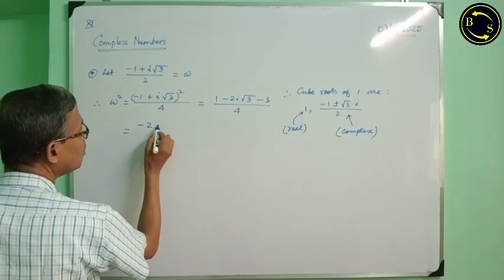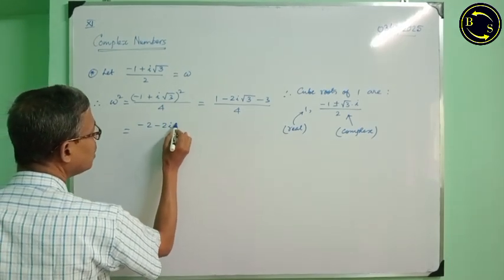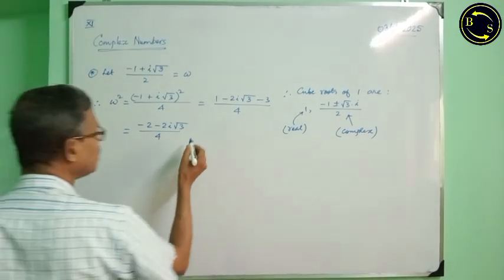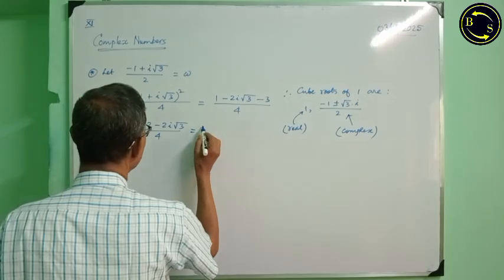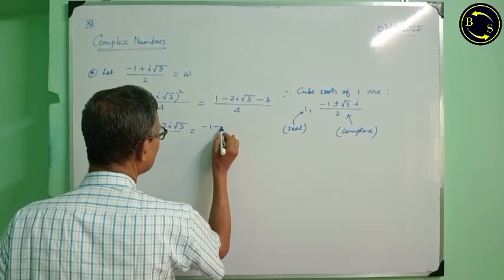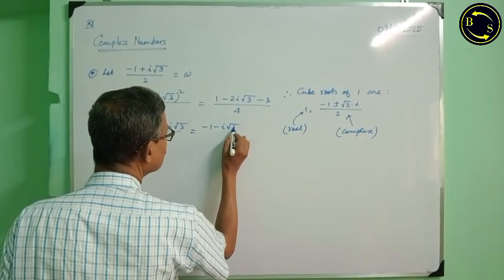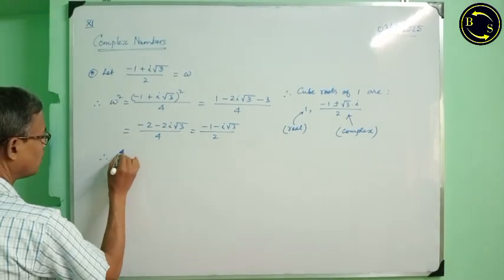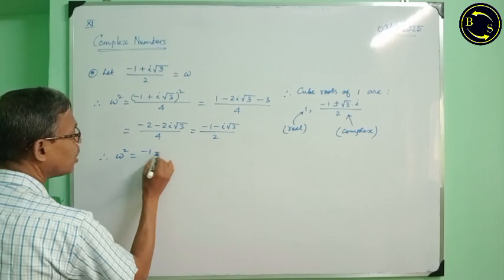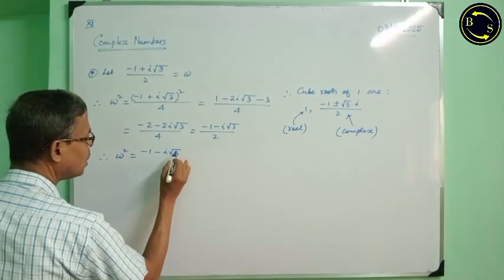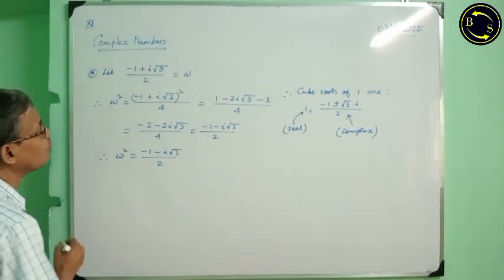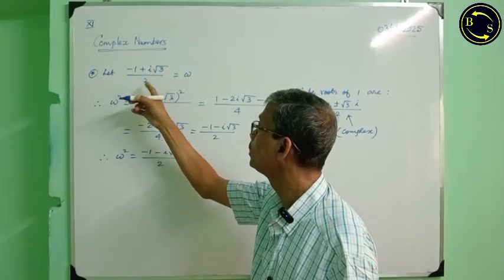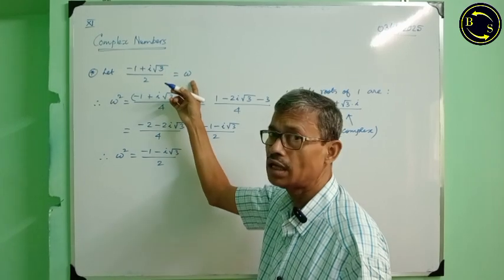minus 2 i root 3 by 4. Taking 2 common factor and cancelling, finally we get minus 1 minus i root 3 by 2. Therefore, omega square is minus 1 minus i root 3 by 2. We took minus 1 plus i root 3 whole divided by 2 as omega.